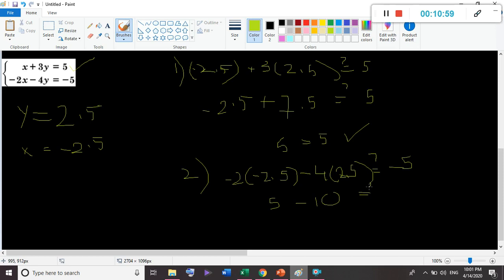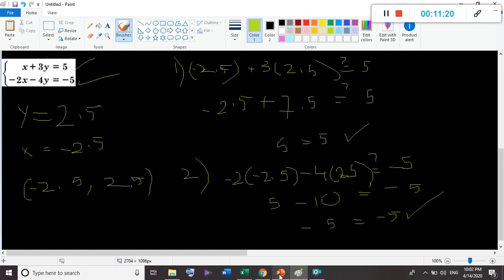Is it equal to negative 5? 5 minus 10 equals negative 5. It means it satisfied both equations, the whole system. So the answer for the whole system is negative 2.5 and 2.5.